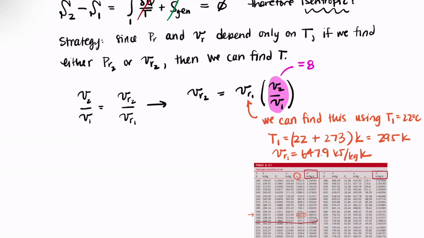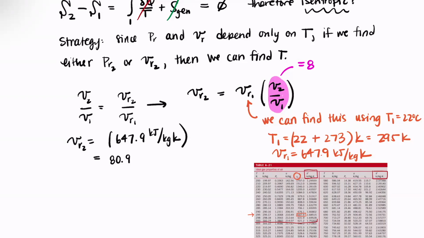All right, so this means that VR2 is equal to 8 times 647.9. Oh, sorry.